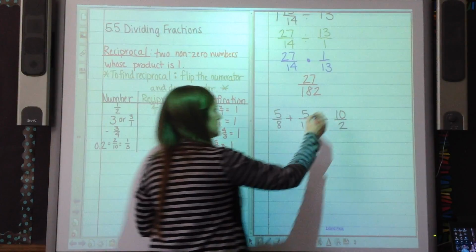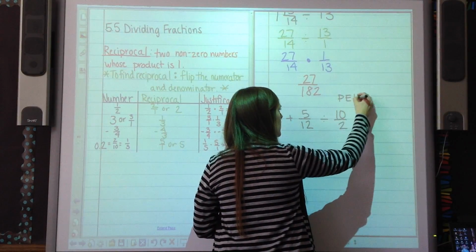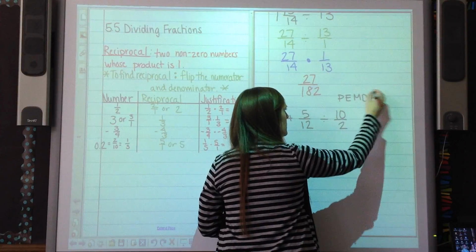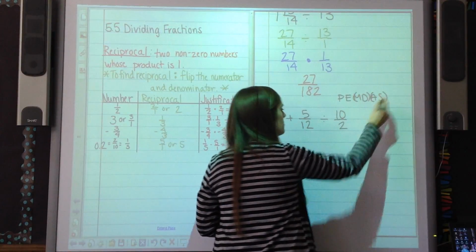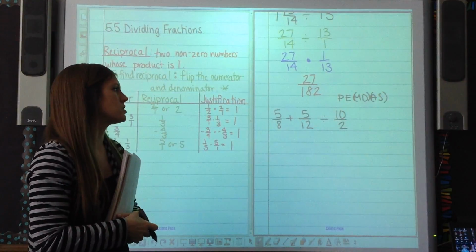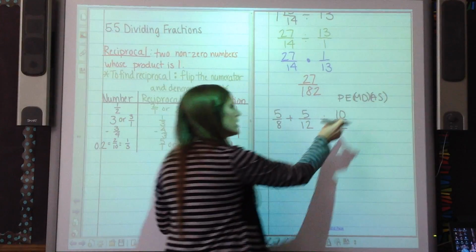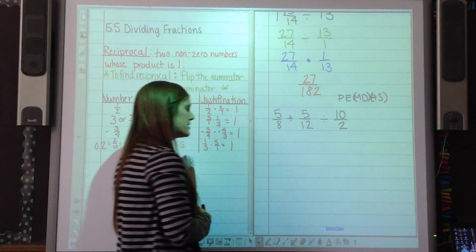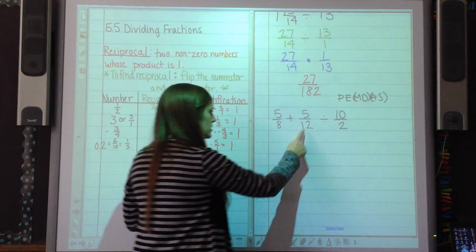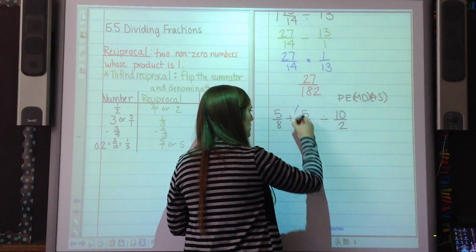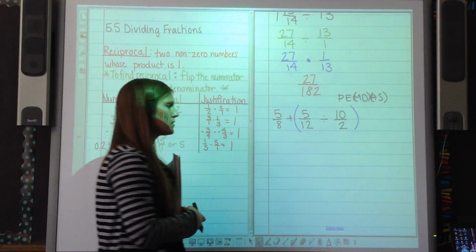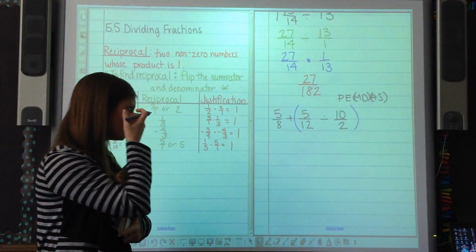So let's just pen this. Please excuse my dear Aunt Sally. Remember, multiplication and division is a team, and addition and subtraction is a team. Follow order of operations. So we have to multiply and divide before we can add and subtract. I actually have to work with these two numbers first, and then I'm going to add 5/8 at the end.